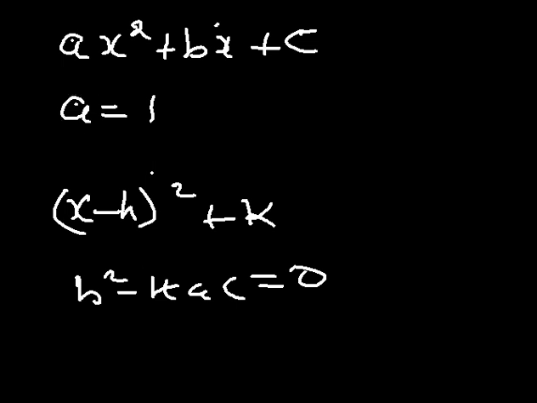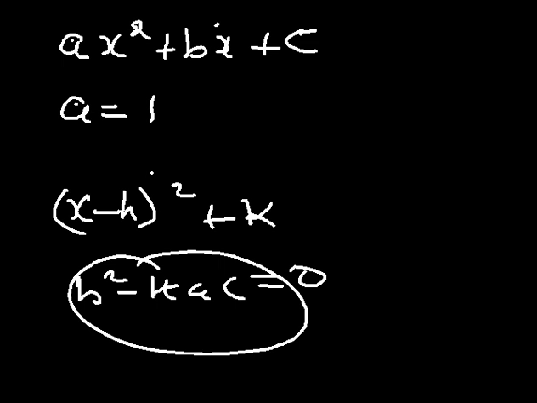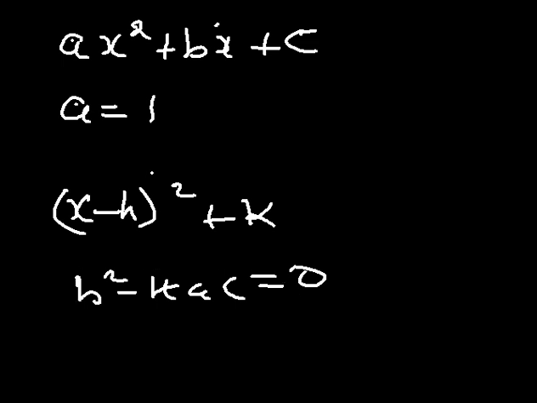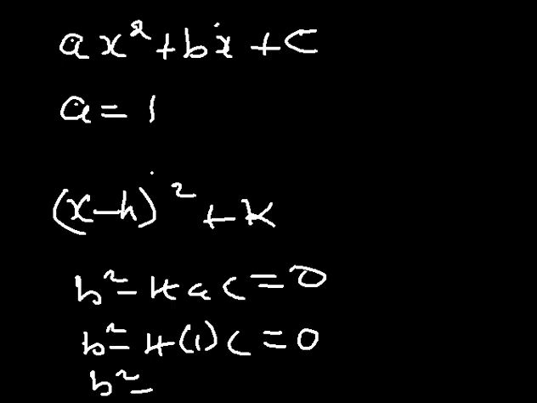So now, using this discriminant, let's think of solving for c in this equation. In this case, we'll have b squared minus 4 times 1 times c, which is equal to 0. We have b squared minus 4c given as 0.